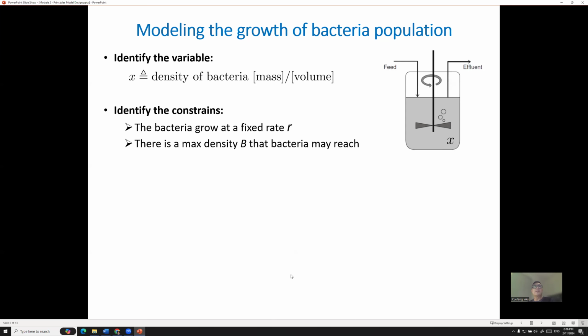So now we have identified another constraint: there is a maximum density, which we call b, that the density of the bacteria must be locked at, and it cannot go beyond that maximum value because the bacteria is bounded inside the chamber.